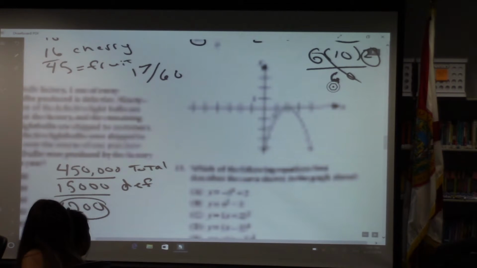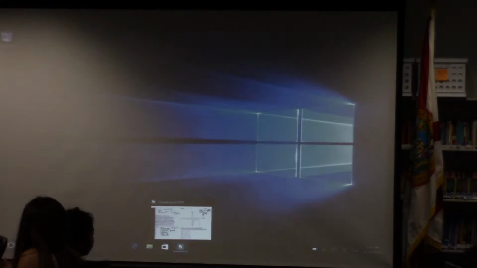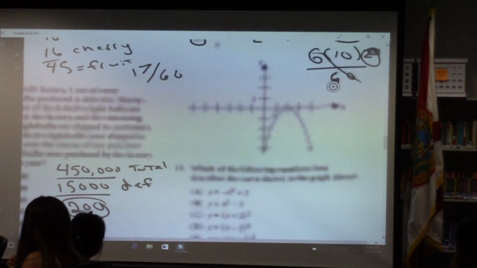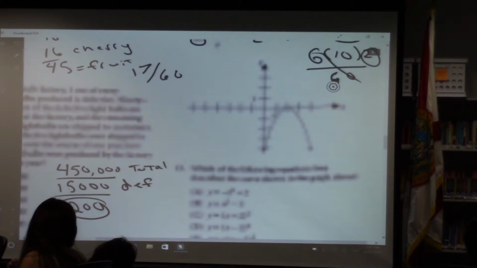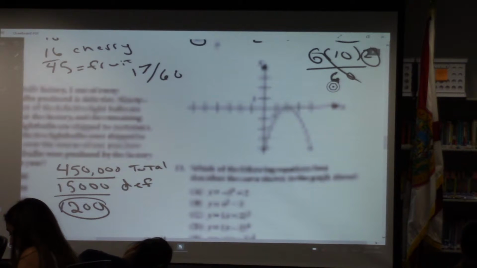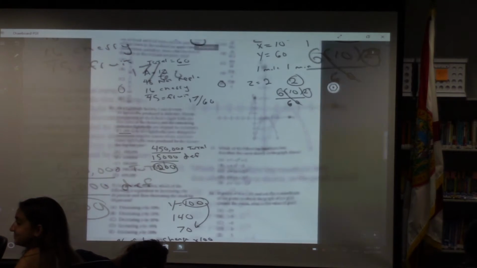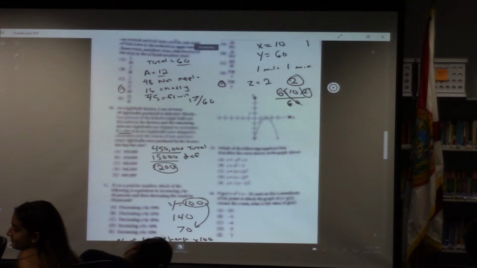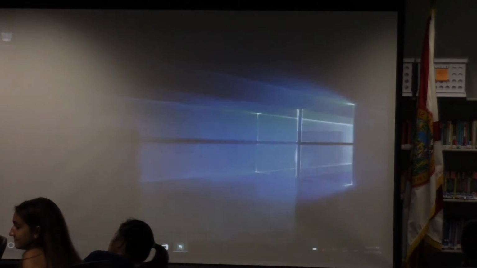It got all blurry. I don't know what's happening in my life right now. I broke it again, guys. I think I hit too many buttons again.